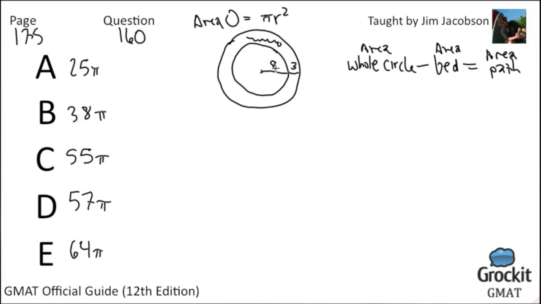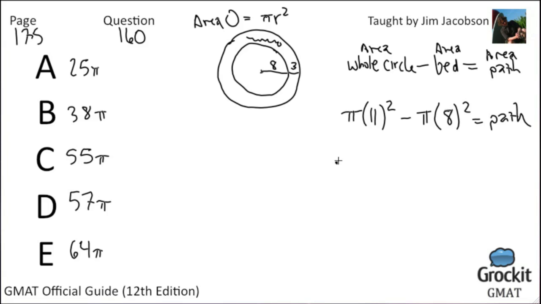The area of the whole circle has a radius of not only the 8 for the flower bed, but also the 3 for the path. So, the area of the whole circle is going to be pi times 11, 8 plus 3, squared, minus the area of the bed, which is going to be pi times just the radius of the flower bed, which is 8 squared, equals path.